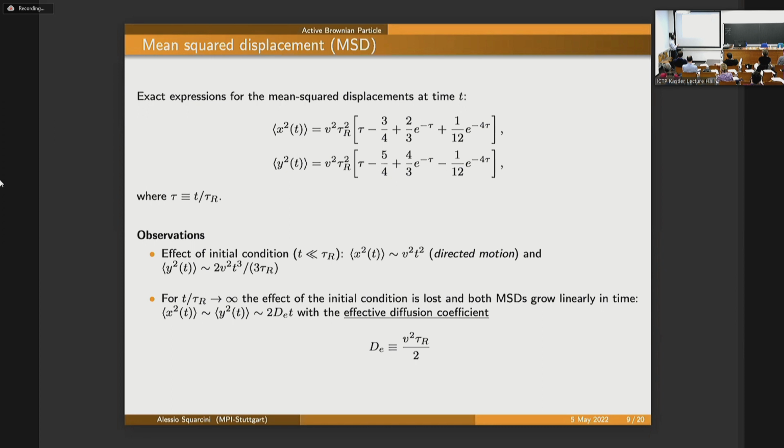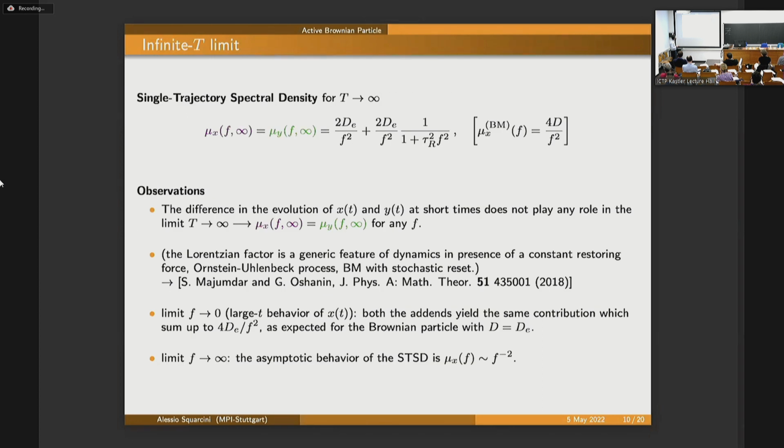So they become linear. And okay, now I can come to the single trajectory spectral density in the infinite time limit. This is the only compact result I will show you in this talk, because otherwise it would become too cumbersome. So in this regime, mu x and mu y don't make any difference, so they are the same.